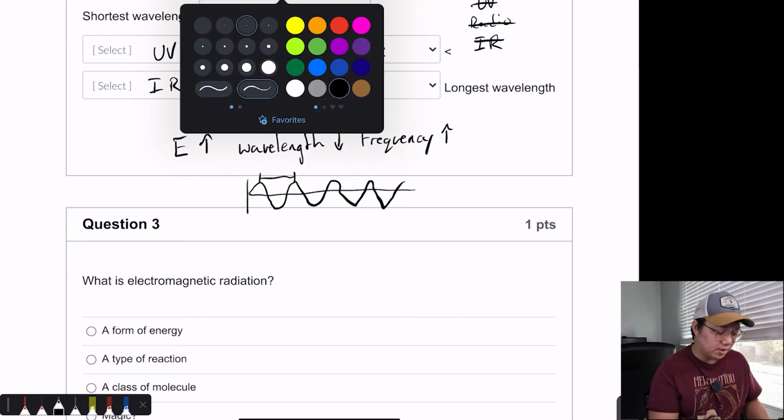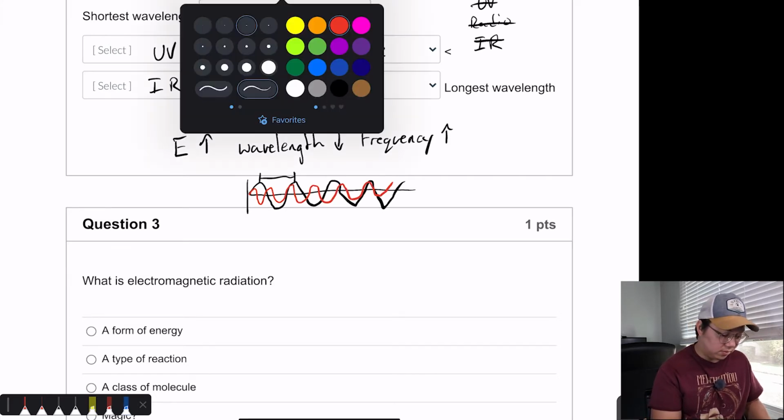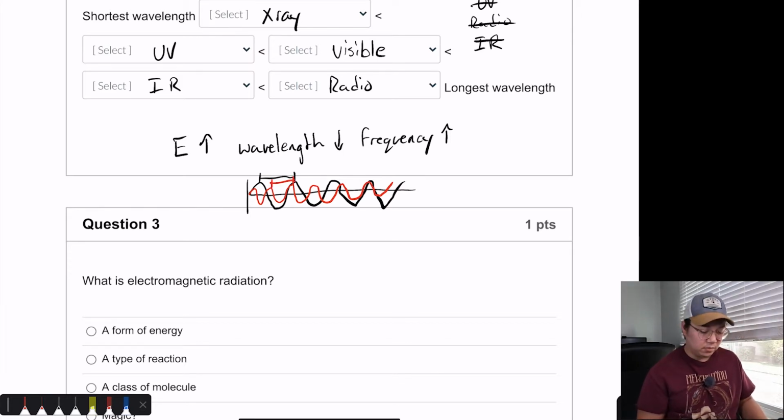So if we have another electromagnetic radiation wave, and it looks like this, then our wavelengths are shorter, so that means it's going to pass the same point more often or more frequently, and it therefore has higher energy.